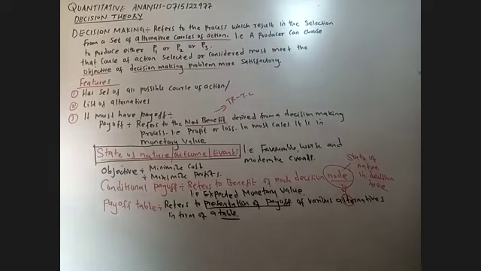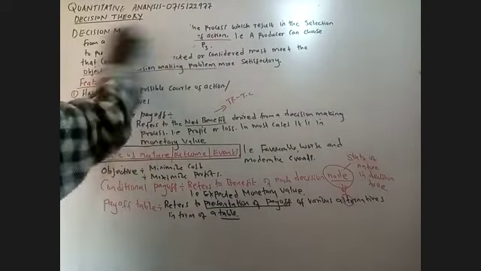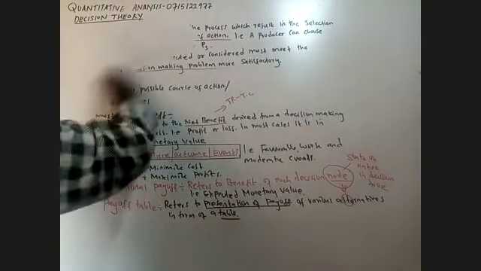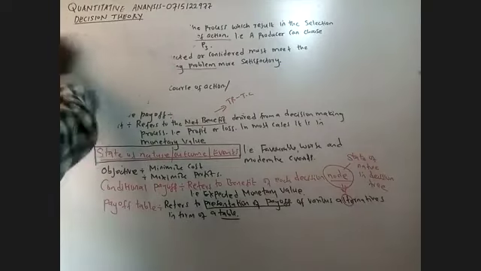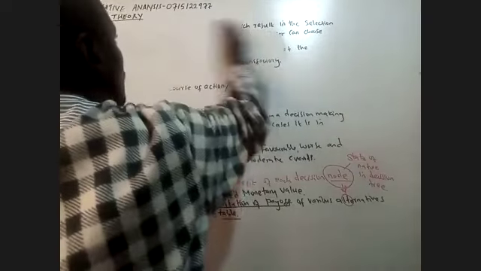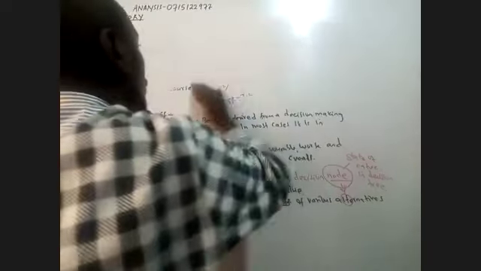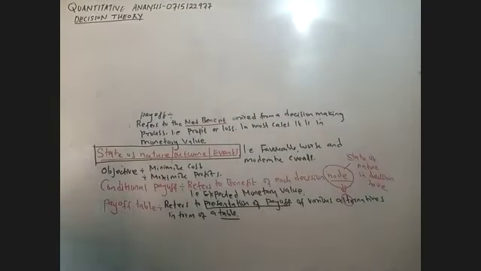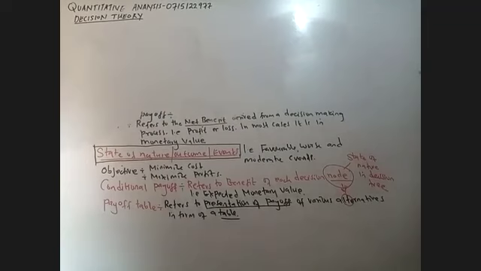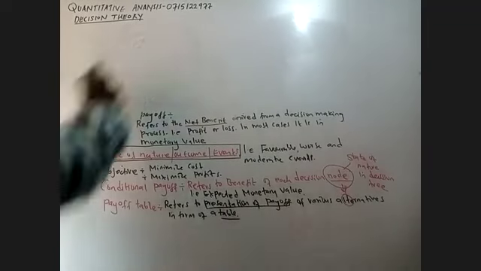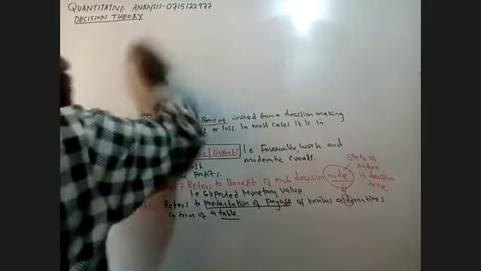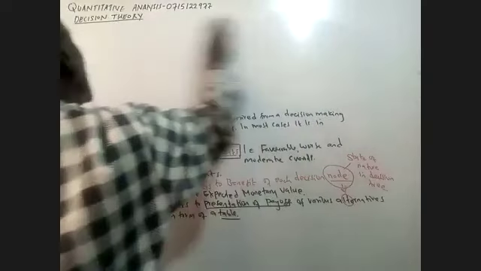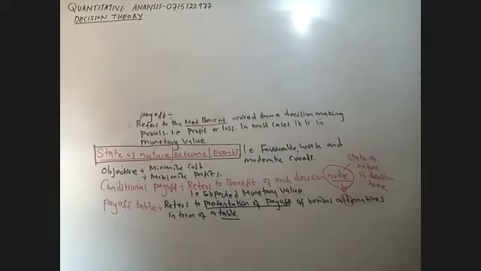So allow me to rub out the space above. Now, make sure you follow very keenly how this table looks. This one is very, very important. In an exam, this is what they use to trick people.